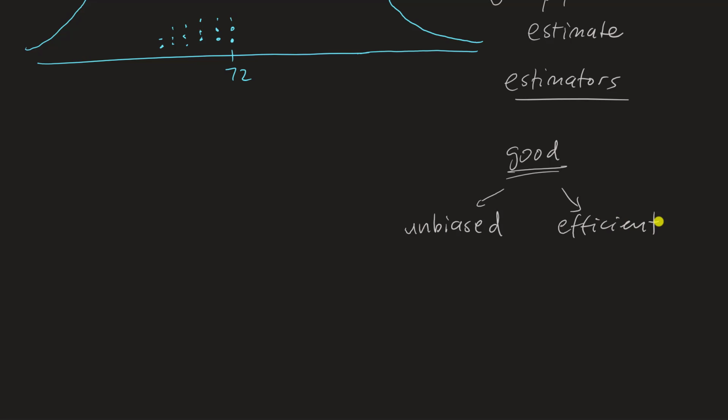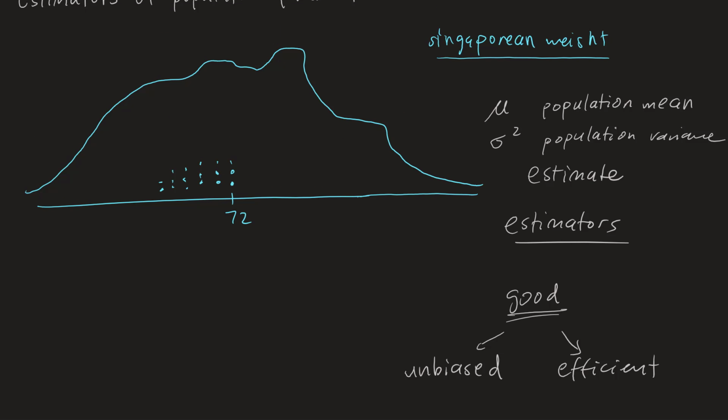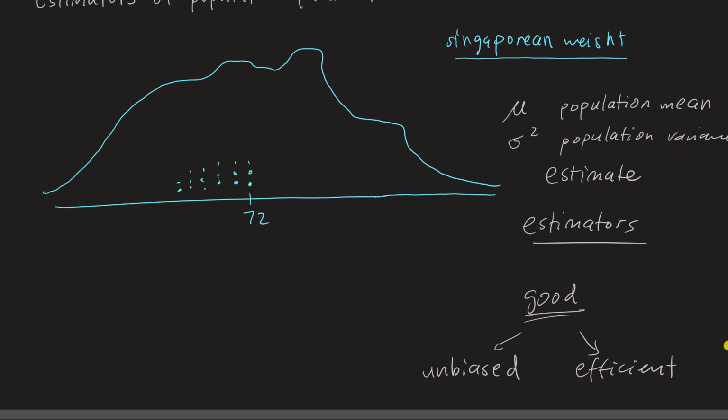So only if an estimator is both unbiased and efficient, we can say that it is a good estimator for these population parameters, such as mean, variance, and other things like mode, median, and so on. But these are the two most common ones that we are trying to estimate: population mean and population variance.